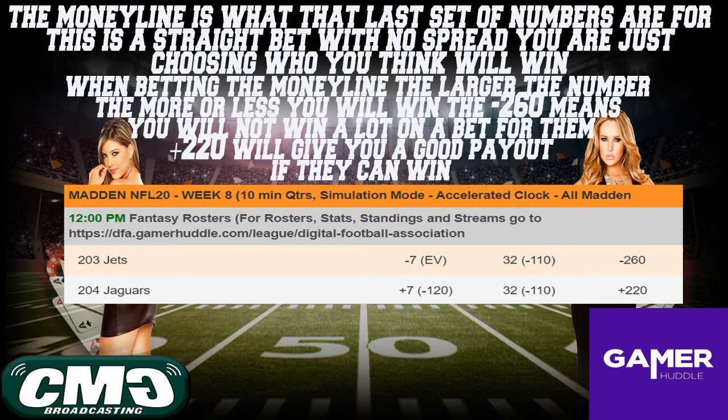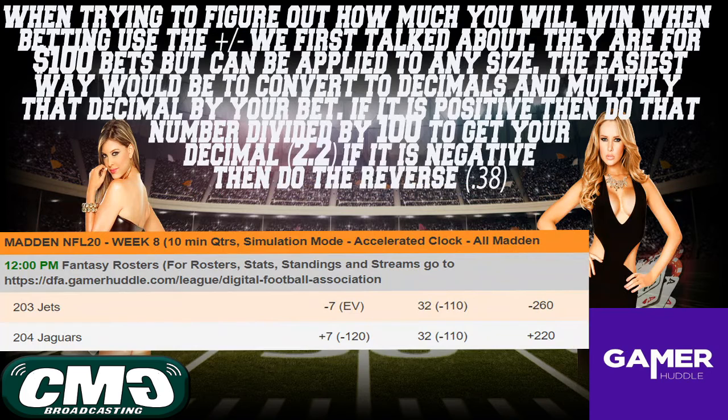Now, taking a look at how we can calculate how much we win, we're going to use those same numbers again, but now we need to convert them to a decimal because that's going to be the easiest way for us to get through this. When that number is positive, so that positive 220, we're going to take 220 and divide it by 100.